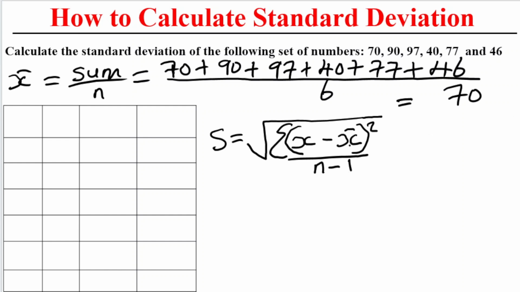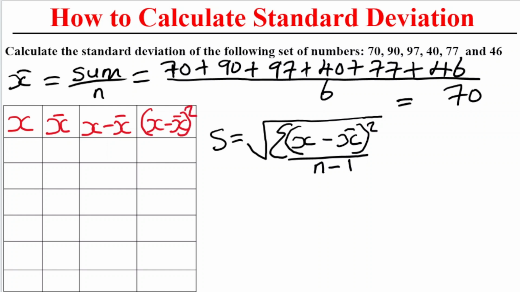So let's plug this into our table. This is our x, here is our mean, here is our x minus our mean, and here is x minus the mean, all squared.